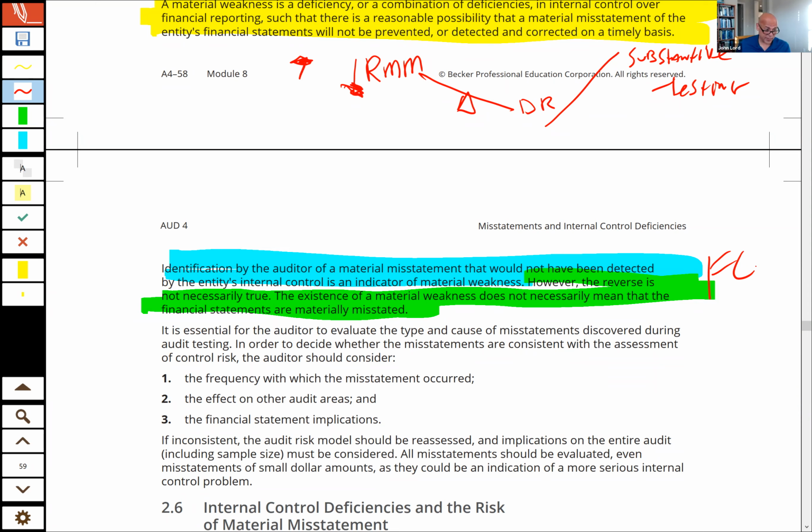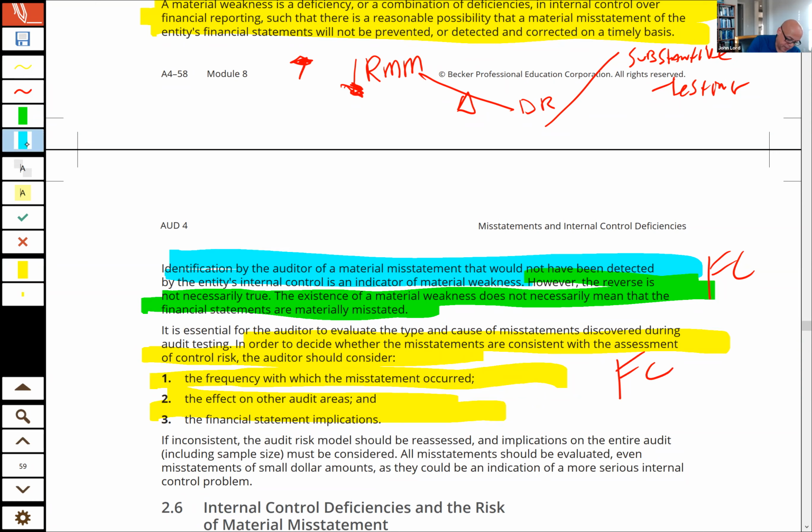My assessment's probably not very good. So you'd probably at that point increase your risk of material misstatement and alter the timing, extent, and nature of your substantive procedures by using more external evidence, using larger sample sizes for your substantive testing, doing year-end testing instead of interim testing. Okay, flashcard that.